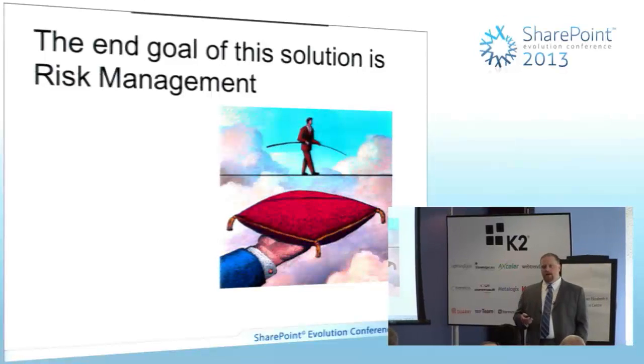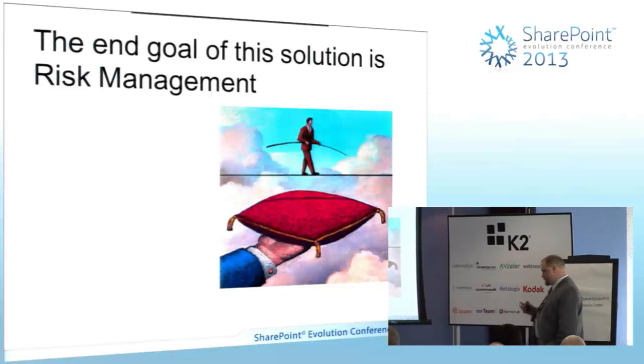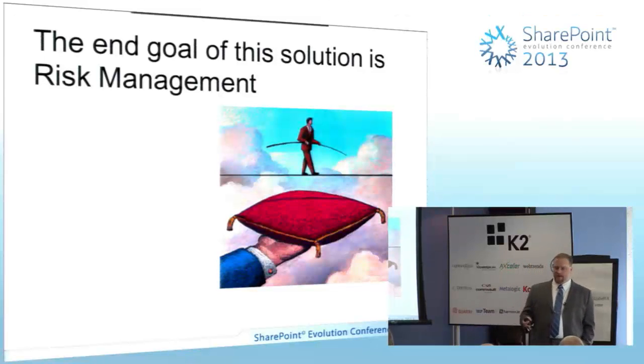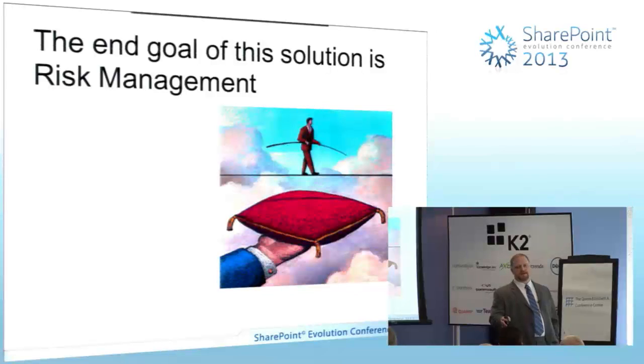Now, I know I'm up here, and I got the slides, and I got control. I'm governing you for 60 minutes per presentation, and I'm making some very definitive statements, right? The end state objective is risk management. Obviously, that's a simplified response, right? I know that.